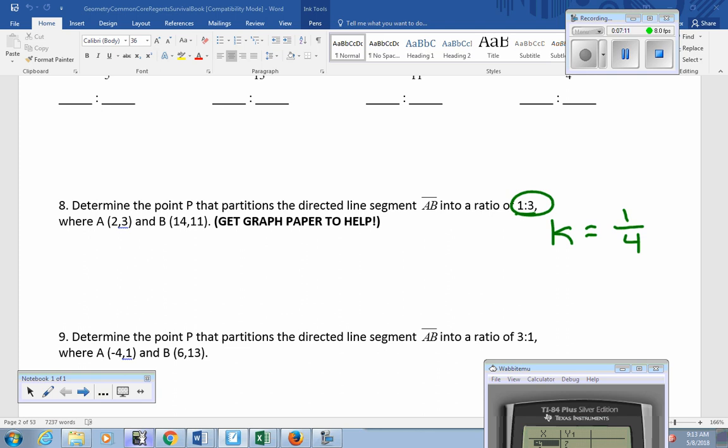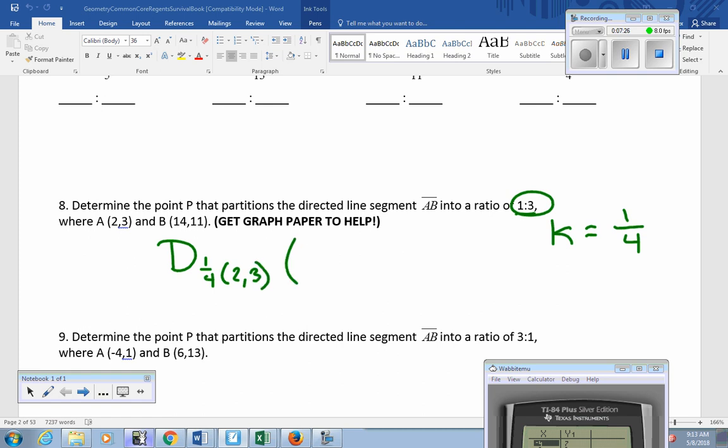Now we have A and B, and what we want to do for this section is we're taking a dilation of 1/4 from that original point, which in this case is 2, 3.